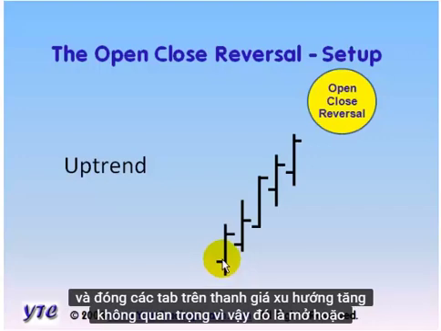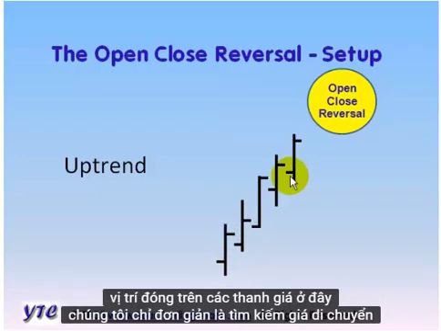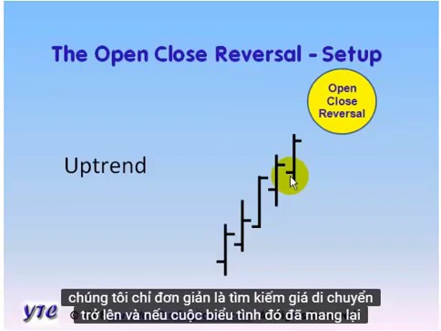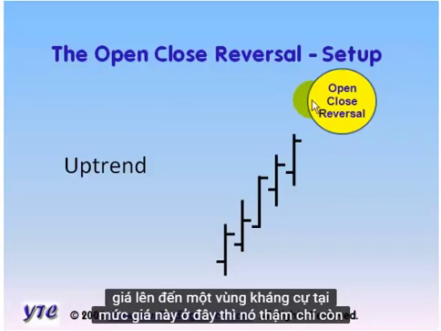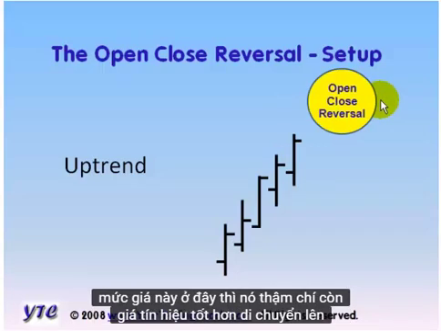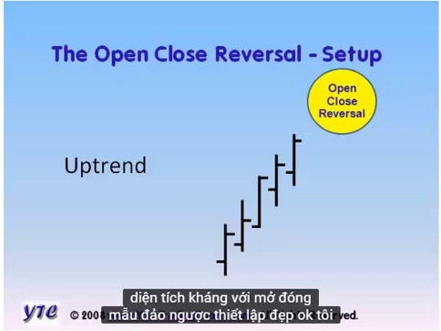We're simply looking for price moving upwards. And if that rally has brought price up into an area of resistance, then it's an even better signal. Price moving upwards into an area of resistance with an open-close reversal pattern. Beautiful setup.